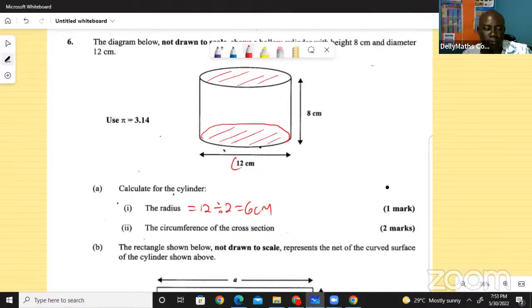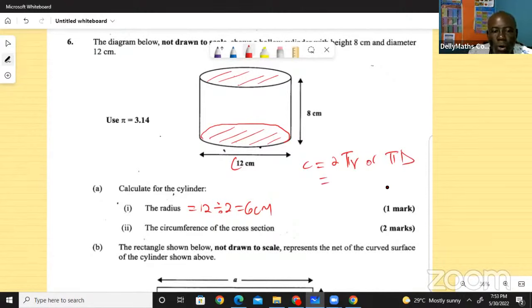So when they say, calculate for the cylinder the circumference of the cross section, all they are saying is calculate the circumference of the circle. Remember that we have the radius. What is circumference? Circumference C is equal to 2 pi r, or you could say pi d, which is pi times the diameter. So it's going to be any one you want to use. I'm just going to say pi d.